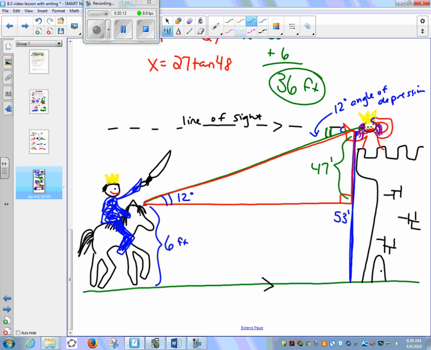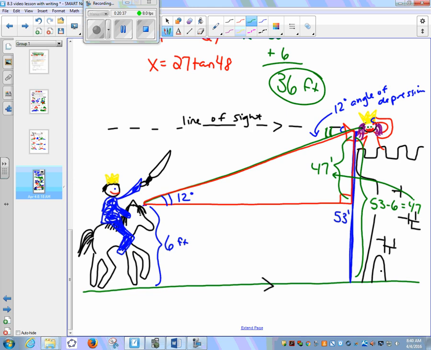So you can see angle of depression is sometimes a little bit trickier. Well, it was the 53 all the way to the ground minus the 6, 53 minus 6 equals the 47. Okay?